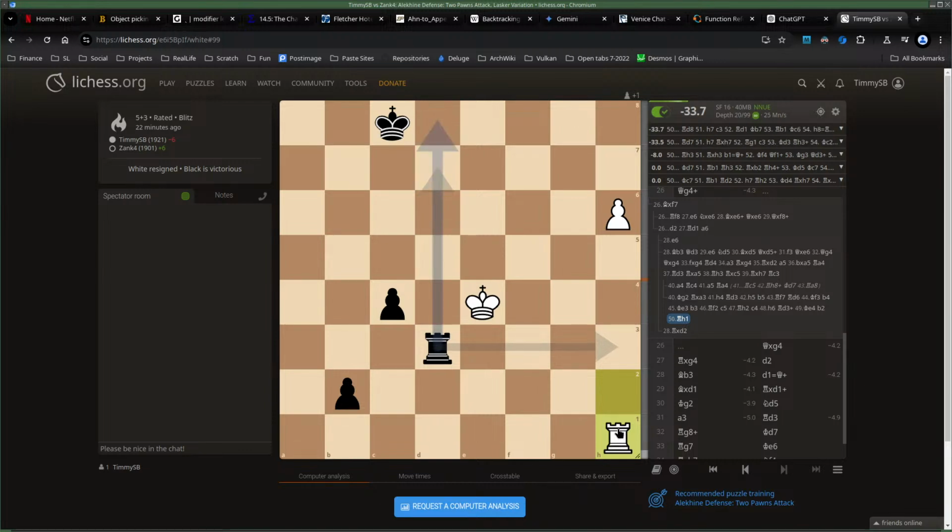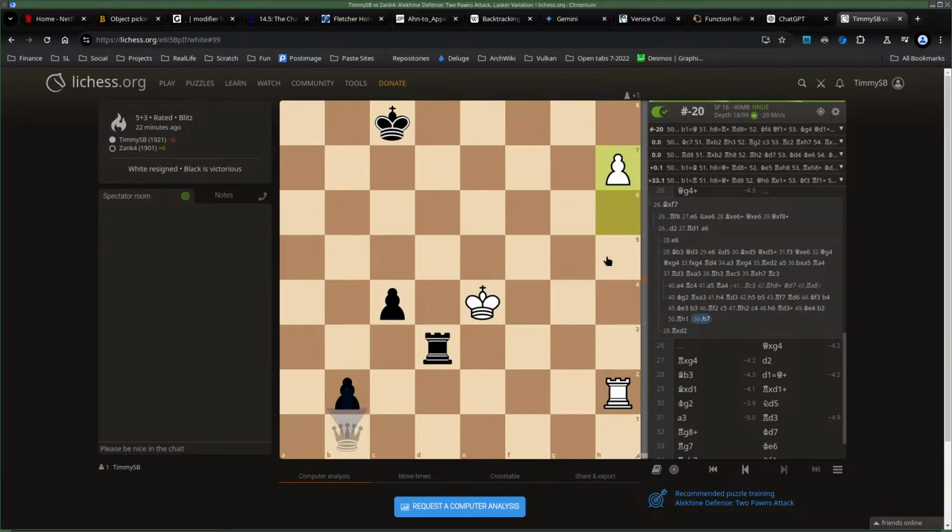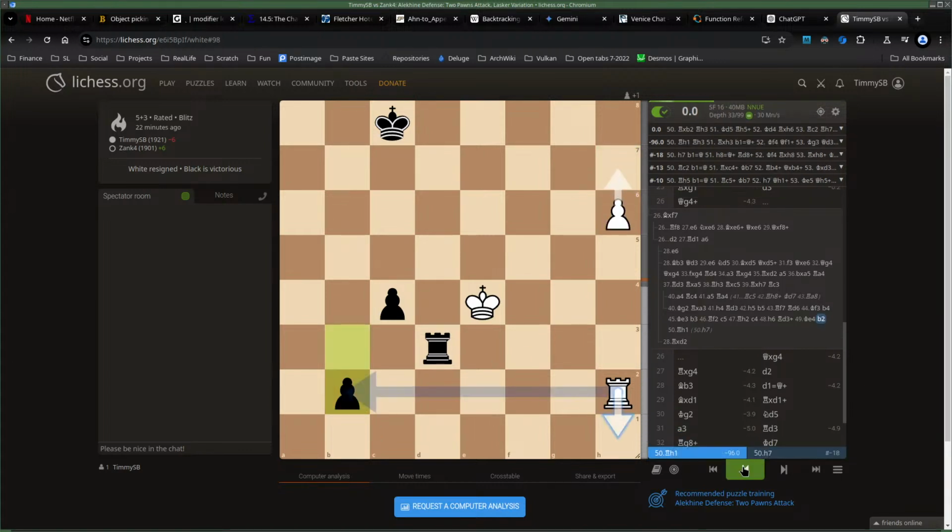And black wins. I can even go here, get a queen to check. And this also loses. Mate in two. Yeah, discovered attack afterwards. Not good. Okay, so we have to take it.